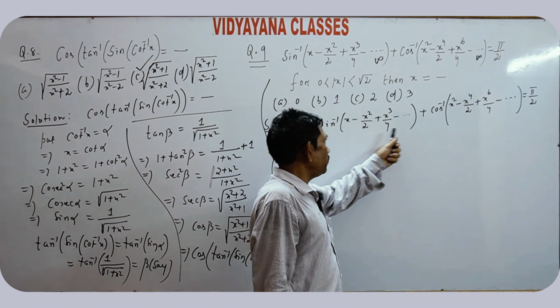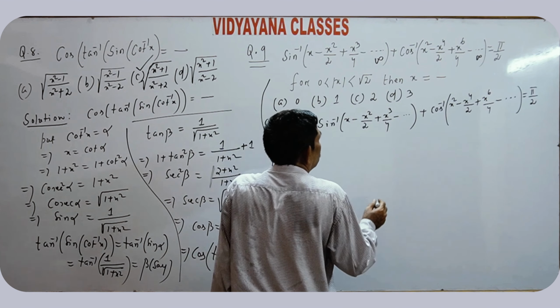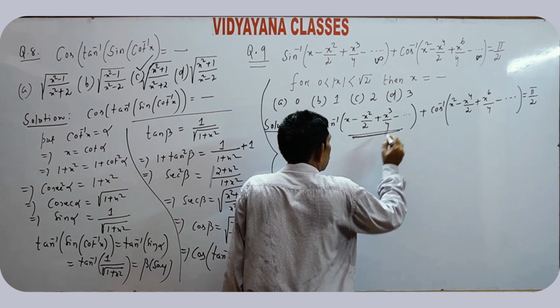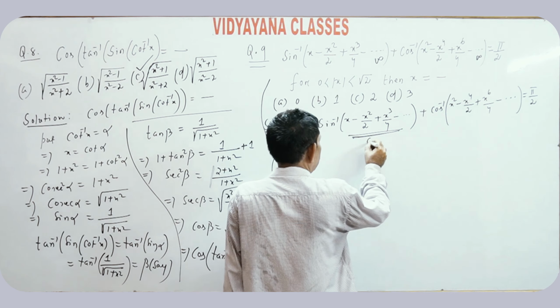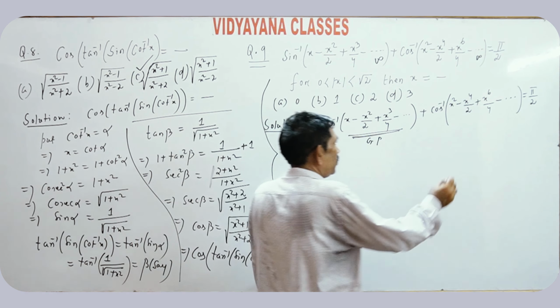Sin inverse this plus cos inverse this is equal to pi by 2. This expression is in GP, geometric progression, and this is also in GP.